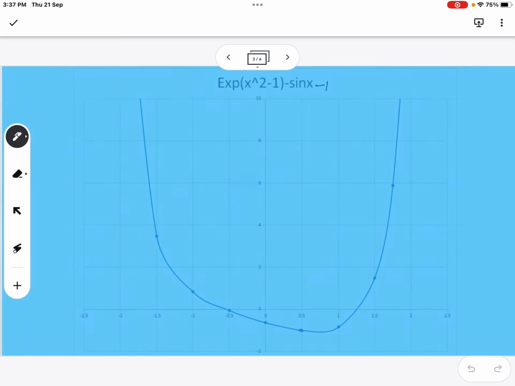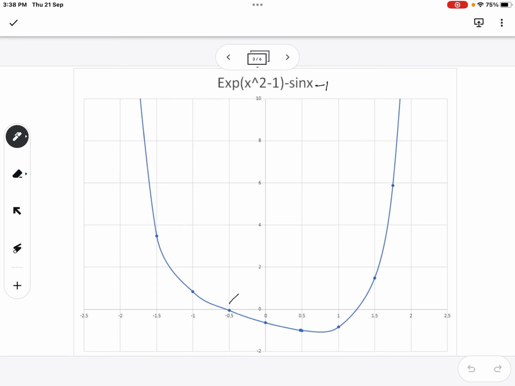If we look at the plot, there are two roots, and these roots lie over here.